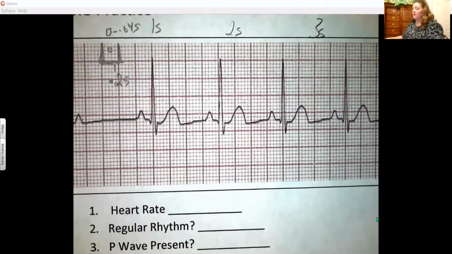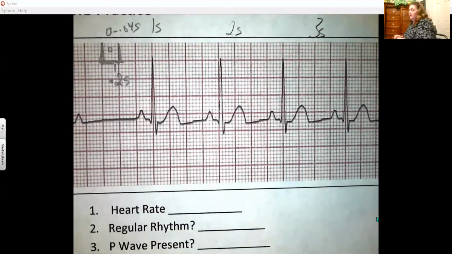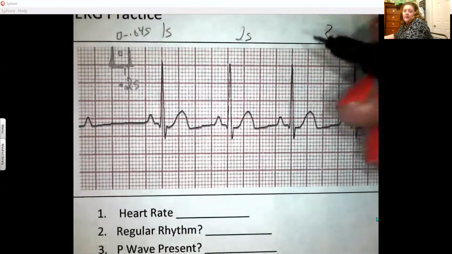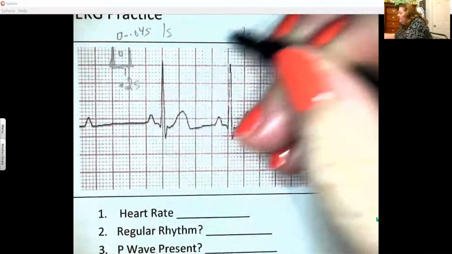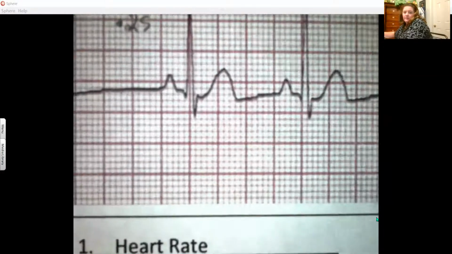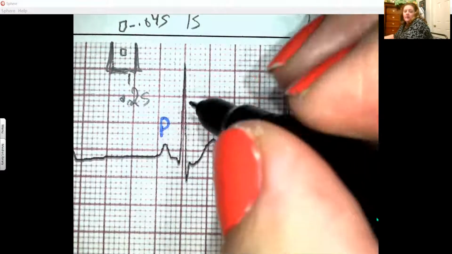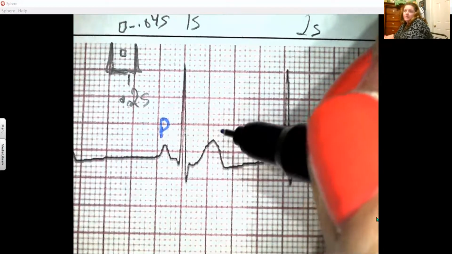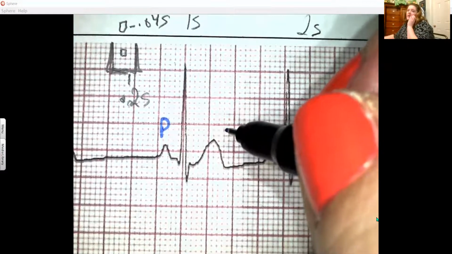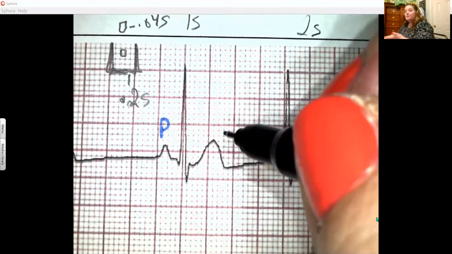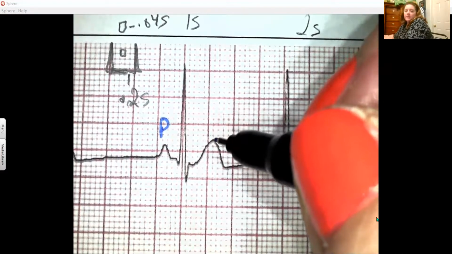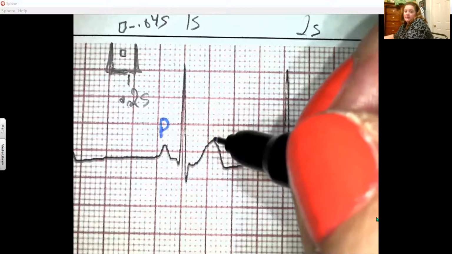Also on this strip, he pointed it out in the other video as well, but I want to point out, I'm going to zoom in. We have the P wave here, and he discussed that as being atrial depolarization. So that is when the action potential is reached by the 2 atriums, both at the same time.